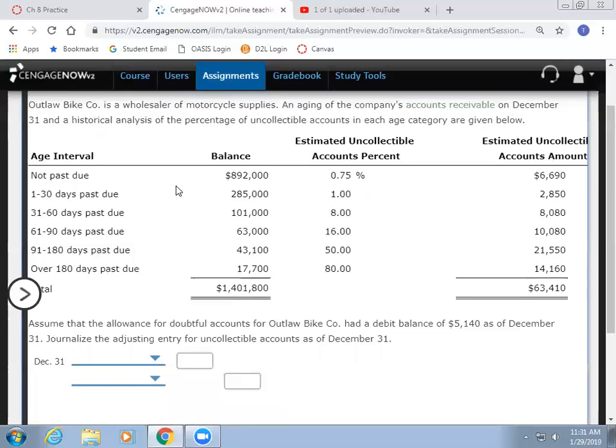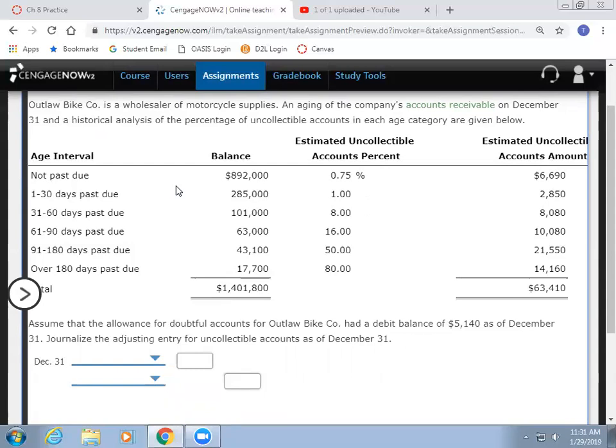So again, kind of what we already did in 2 examples ago. They did the aging of accounts receivable. So they did it all for us. They showed us all the different balances, the percent uncollectible, and the total amount. So it shows us our total accounts receivable is $1,401,800. Of that, we estimate uncollectible to be $63,410. Okay.